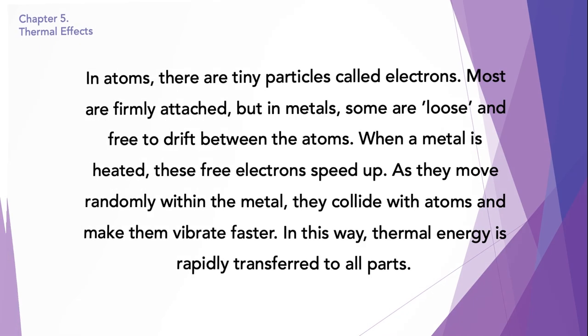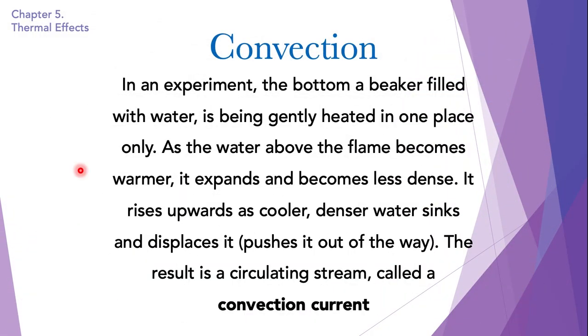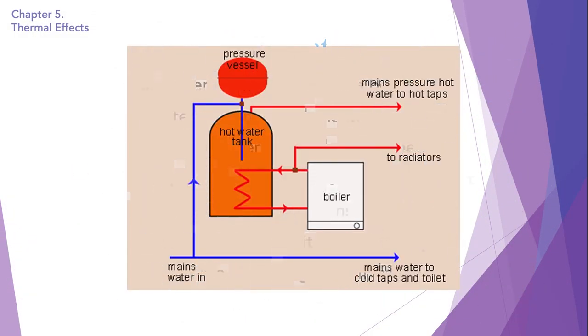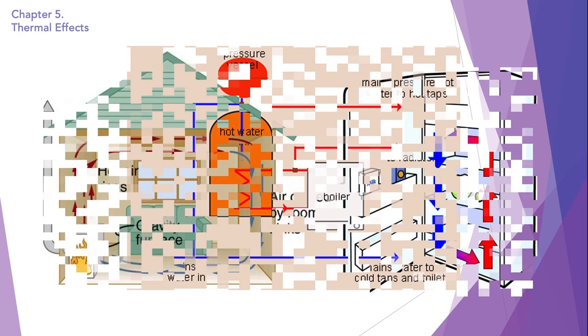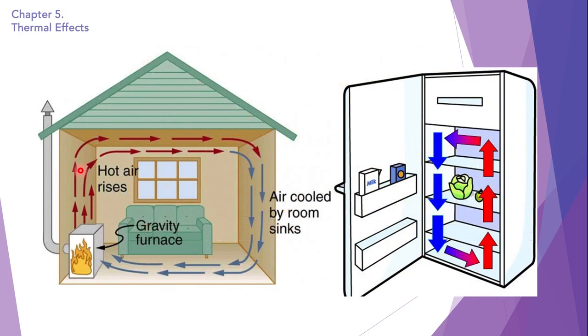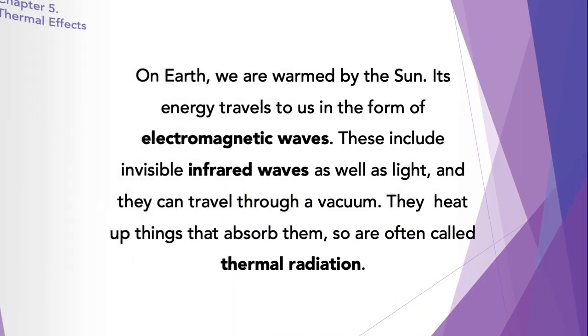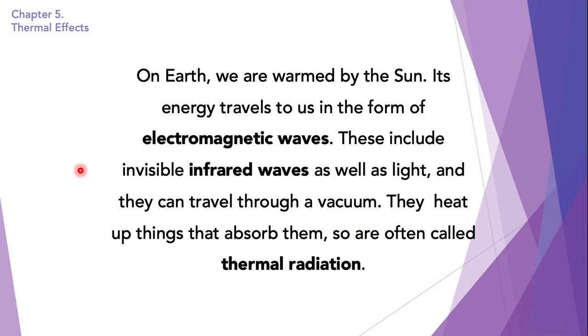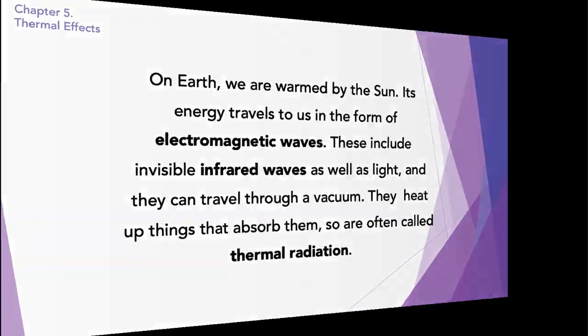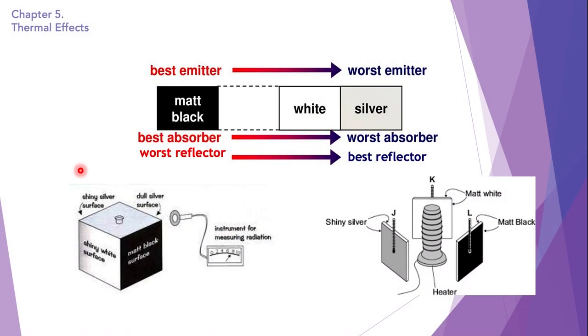Then after conduction, we understood convection currents. We looked at some examples of convection currents in everyday life. Then we understood thermal radiation, the best emitters of thermal radiation, and the best reflectors, which are the worst absorbers or worst emitters of thermal radiation.